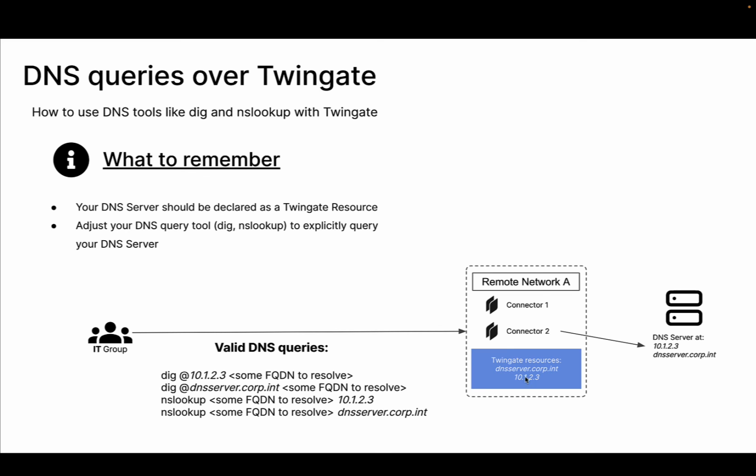It could be an IP, it could be a fully qualified domain name, it doesn't matter too much. And then change your resolution commands to explicitly specify which server you expect a response from. That will pass the DNS query to the actual server and return the actual response to your clients. And this is in short how DNS works in Twingate.